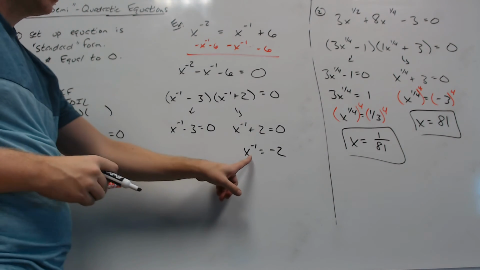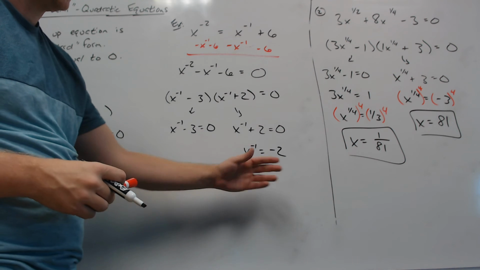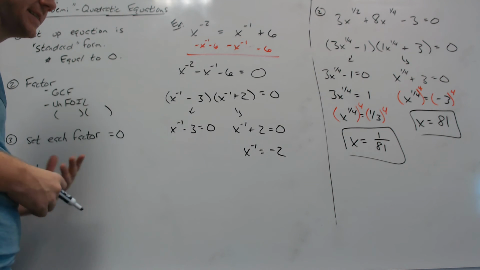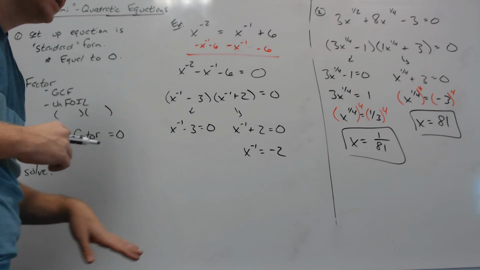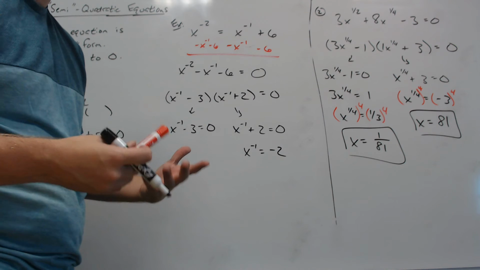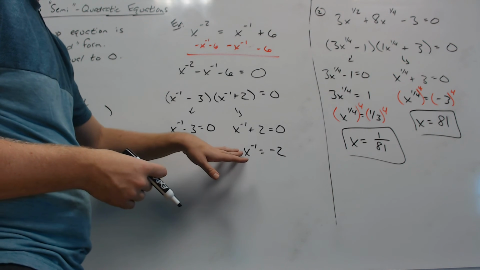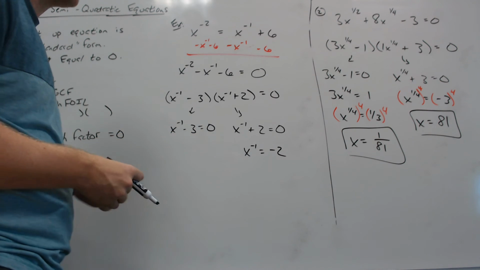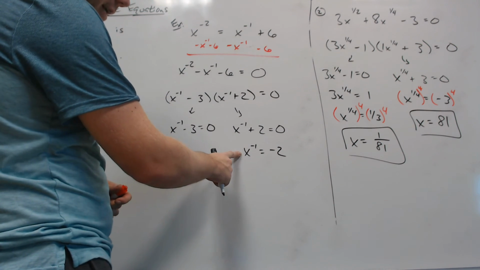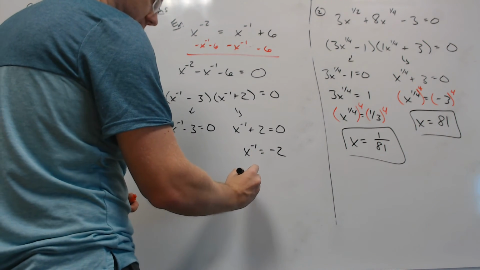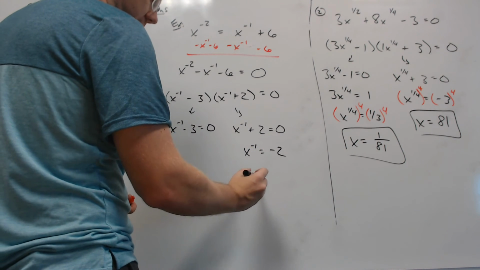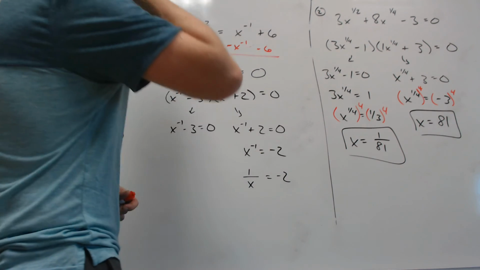And when you're dealing with negative exponents and trying to solve an equation with negative exponents, I tend to think the friendlier way to do it is to rewrite the expression with a negative exponent, as we always do. We don't like our answer to have negative exponents in it. So if I'm going to solve this equation, it's pretty hard to do with the negative exponent. So I rewrite it as 1 over x equals negative 2.